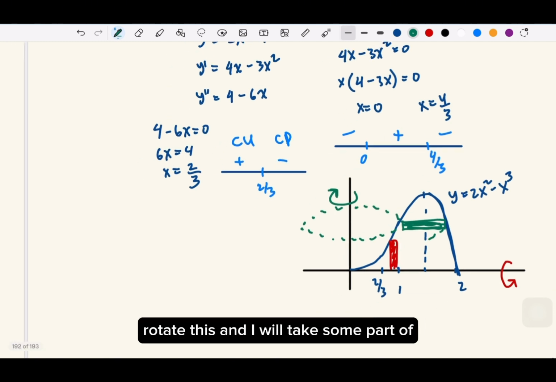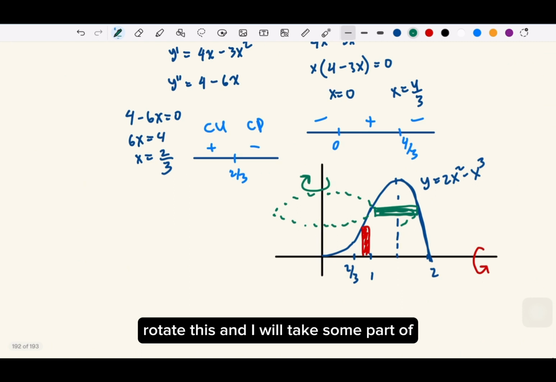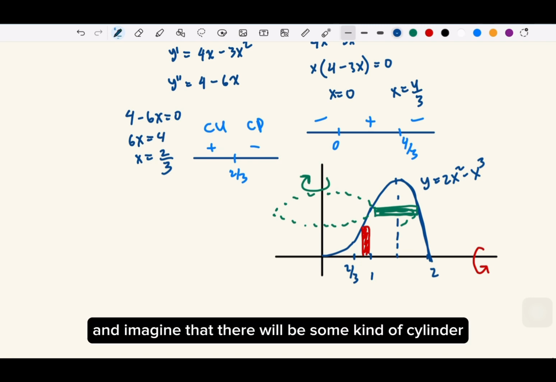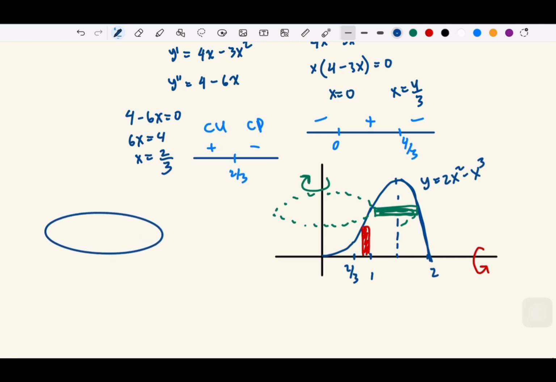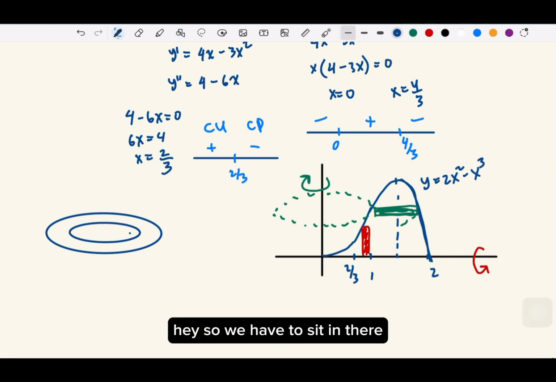Rotate this, and I will take some part of it, like a really small, and then rotate. And imagine that there will be some kind of cylinder. Okay, so we have a cylinder.